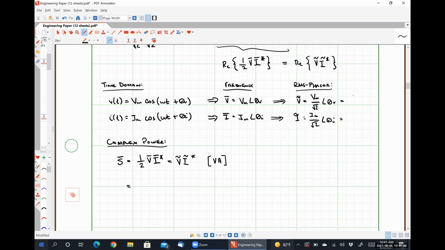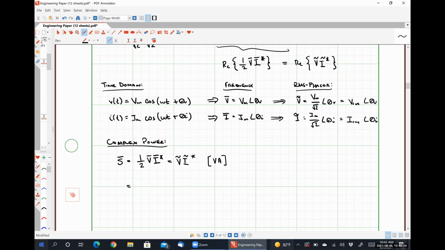Vm over square root of 2, I'm going to now call V RMS, or V effective, because it's the effective value of our voltage, angle theta V. And similarly, Im over the square root of 2 is I RMS, angle theta I. If I substitute in those relationships, I can express my complex power in a couple of different ways.